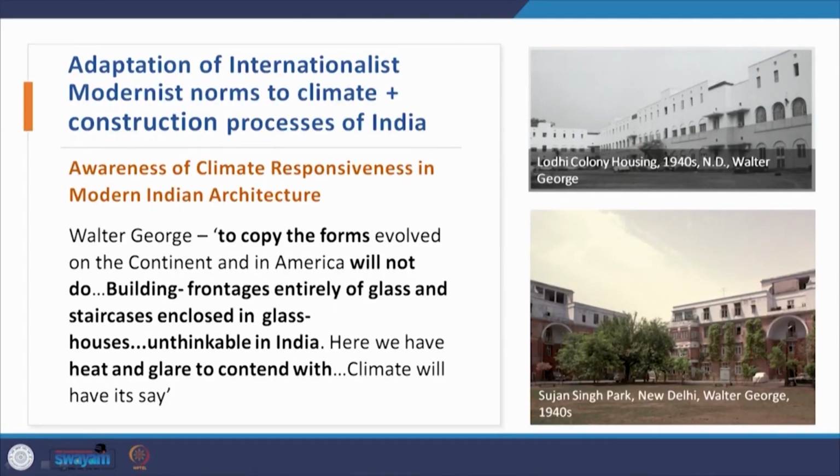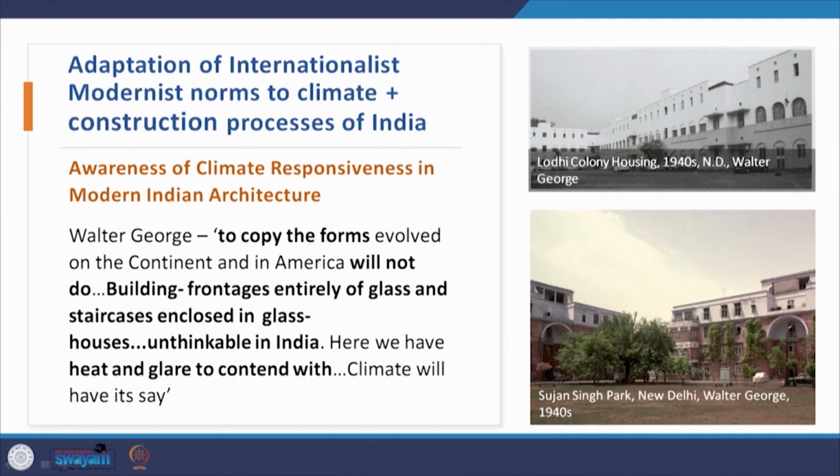And what he said was, and this sounds so contemporary when you read his words, he says, "To copy the forms evolved on the continent and in America will not do. Building frontages entirely of glass and staircases enclosed in glass houses are unthinkable in India. Here we have heat and glare to contend with, climate will have its say." So when I read these words, it's as if a modern day 21st century architect is speaking.